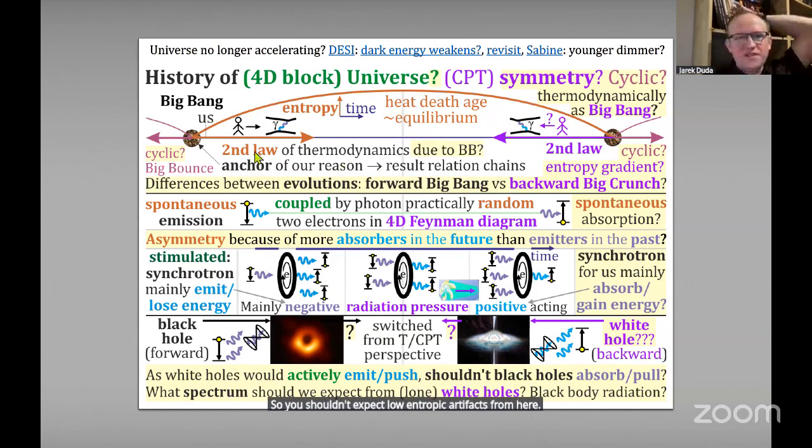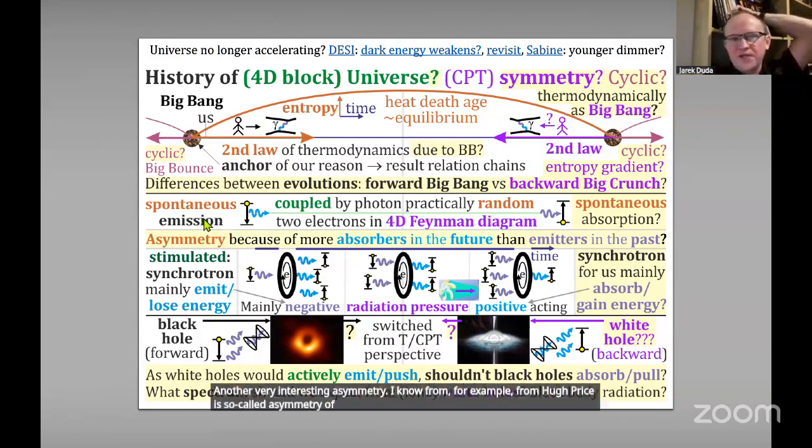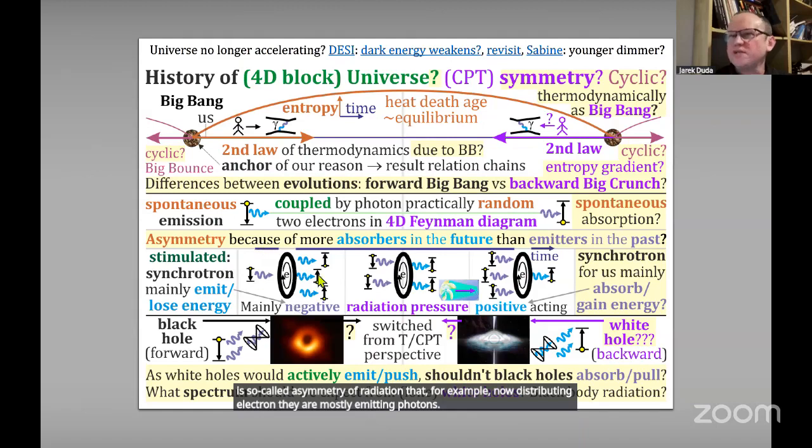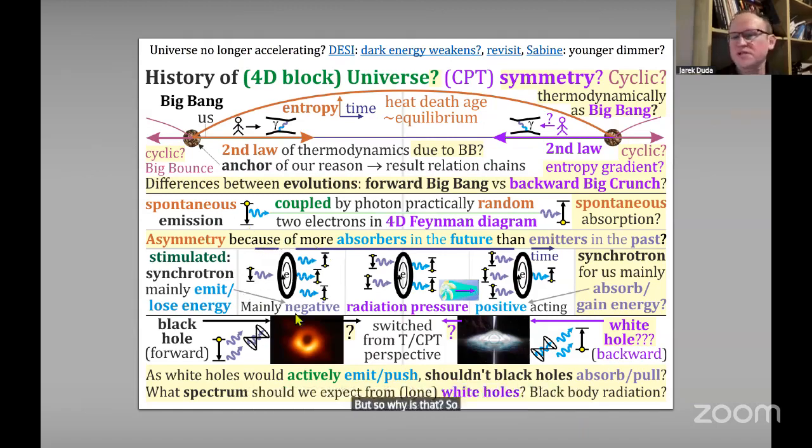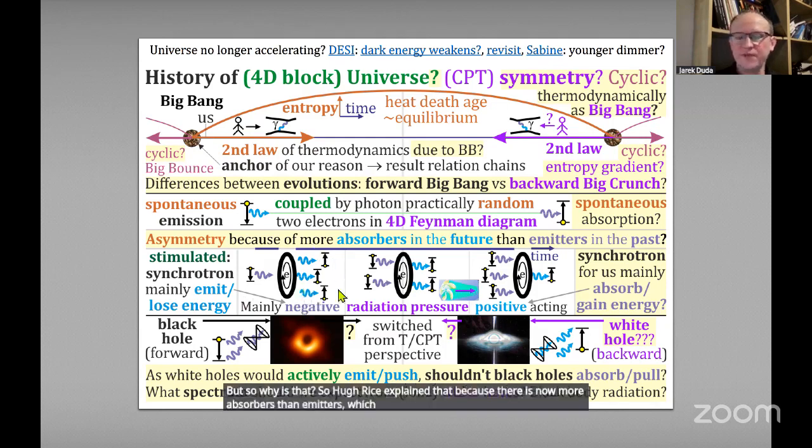Another very interesting asymmetry, which I know for example from Huw Price, is the so-called asymmetry of radiation. For example, now circulating electrons are mostly emitting photons. Why is that? Huw Price explained that it is because there are now more absorbers than emitters, which sounds very reasonable.